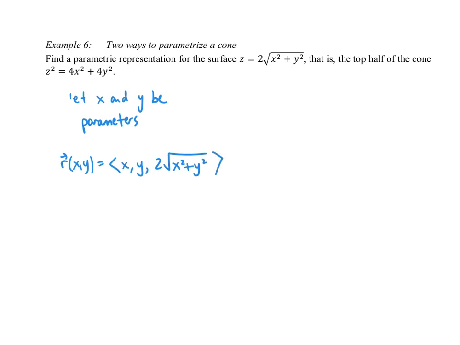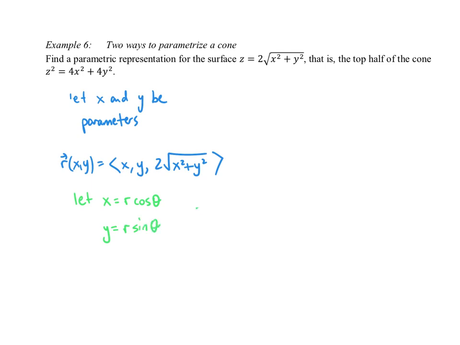That would work. Another option, because we do have the situation where x squared plus y squared is written in, as we've seen with the trig identities before, is that we could let x equal, now we don't know the radius, so we've got to be careful, r cosine theta, and y could be r sine theta.